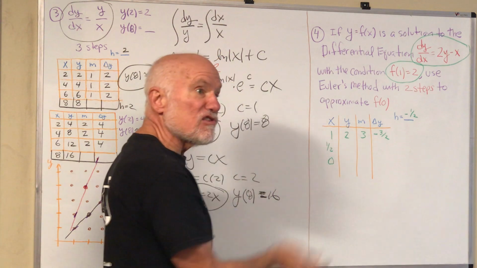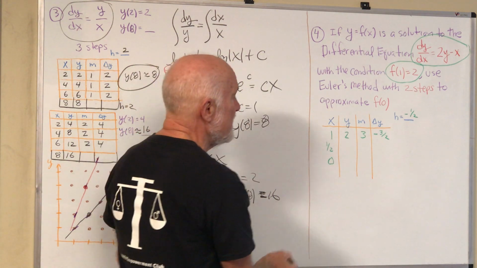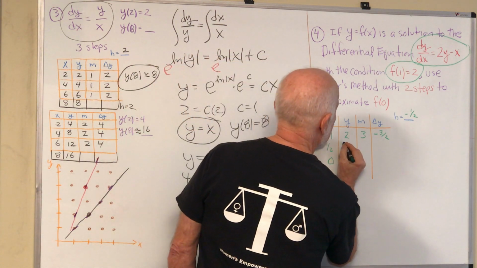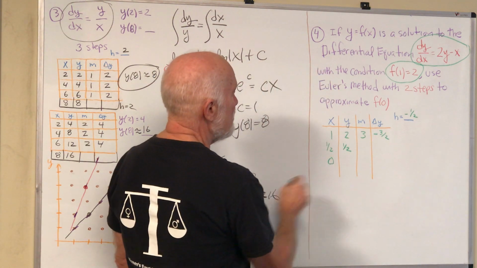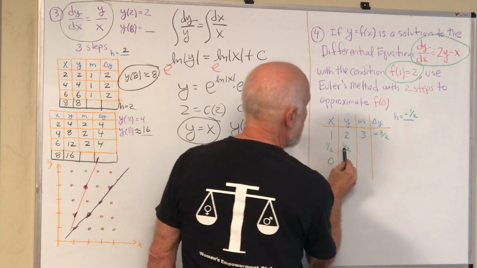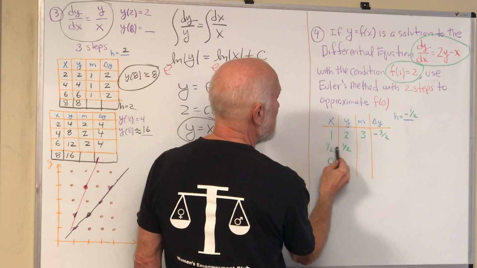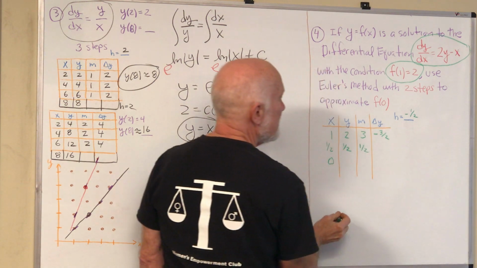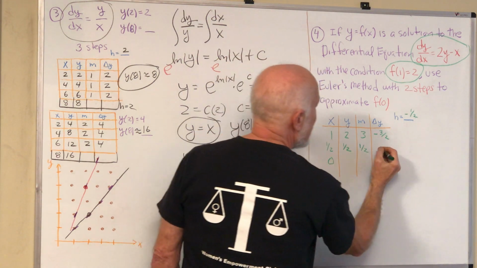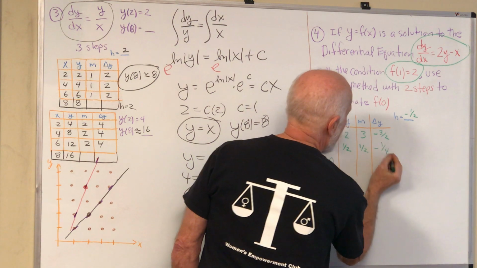You're just following the slope down now instead of up. So this is going to be 1/2. Now you go 2 times 1/2. 1 minus 1/2 is 1/2. And 1/2 times negative 1/2 is negative 1/4.